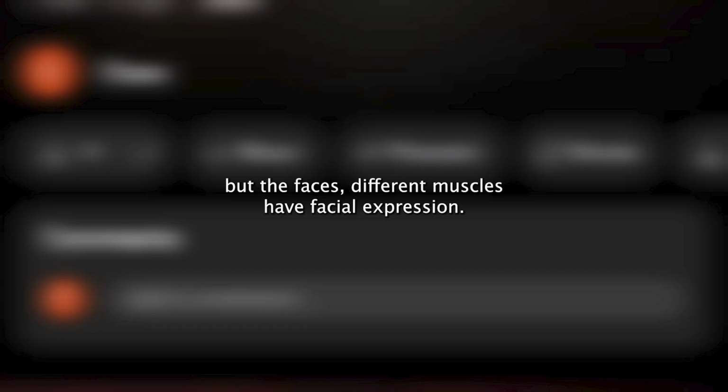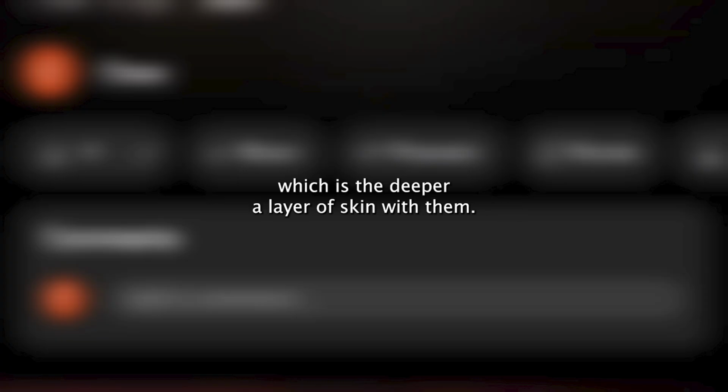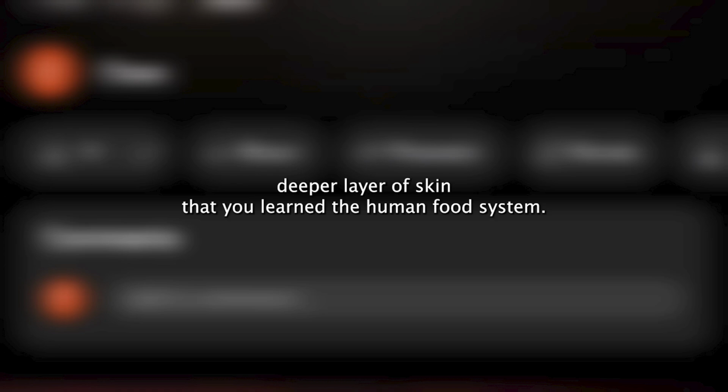The muscles of facial expression are actually attached to the subcutaneous, which is the deeper layer of the skin. Well, that's not really true. The skin only has two layers, subcutaneous is below that. But that's where it's attached, or it actually goes to the deeper layer of the skin. Did you learn the integumentary system yet?